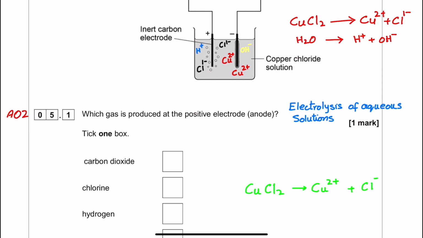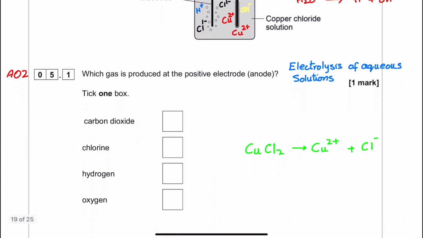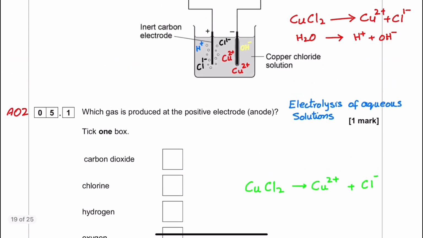Now the question comes here: which gas is coming at the positive anode? The student needs to remember a rule. If any group 7 element is present, meaning halide ions are present, they will oxidize first by losing the electron. So Cl− or OH−, the Cl− is going to lose the electron first.